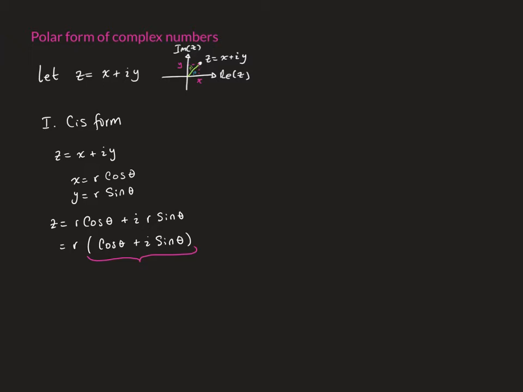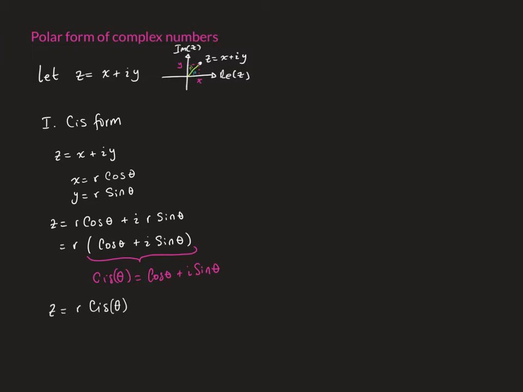So I can define the function cis of theta as cosine of theta plus i sine of theta, as a short way of writing all of this. So in that way, my number in cis form is going to be z equals r cis of theta, with the understanding that cis of theta is equal to cosine of theta plus i sine theta.